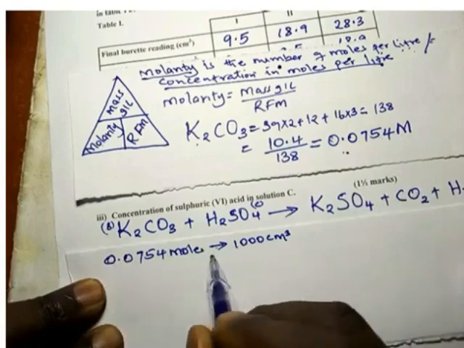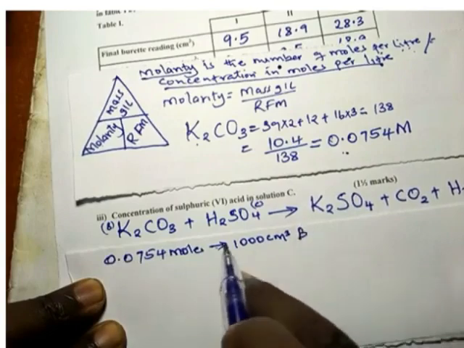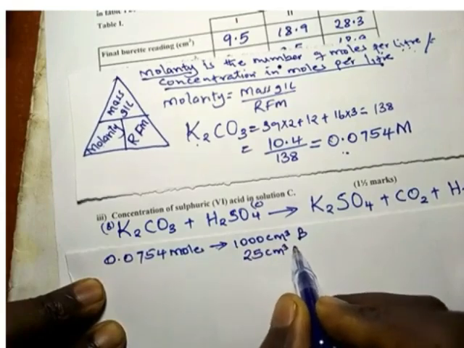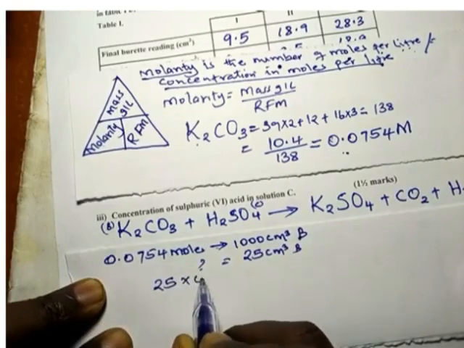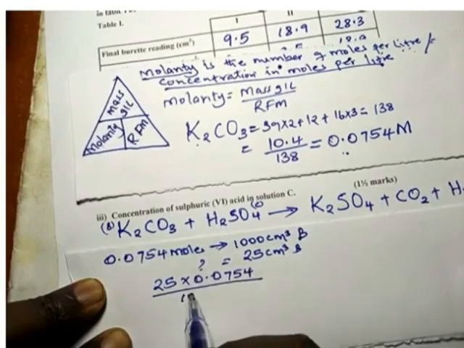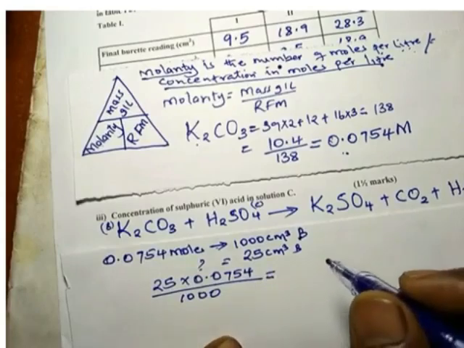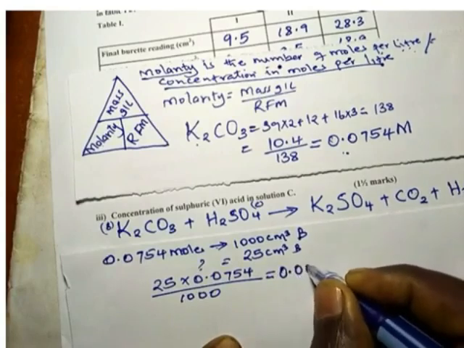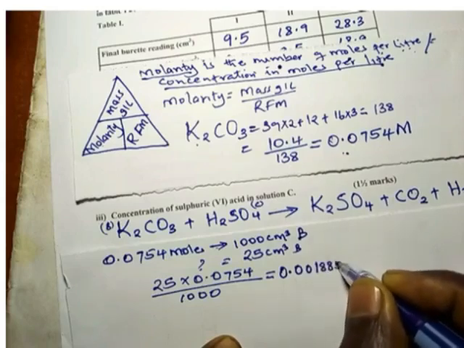So we ask, what was the volume of B? Remember, this is solution B. What was the volume of B that we used? We used only 25 centimeters cube. How many moles will it be? That one will be 25 times 0.0754 divided by 1,000. This one will give us 0.001885.